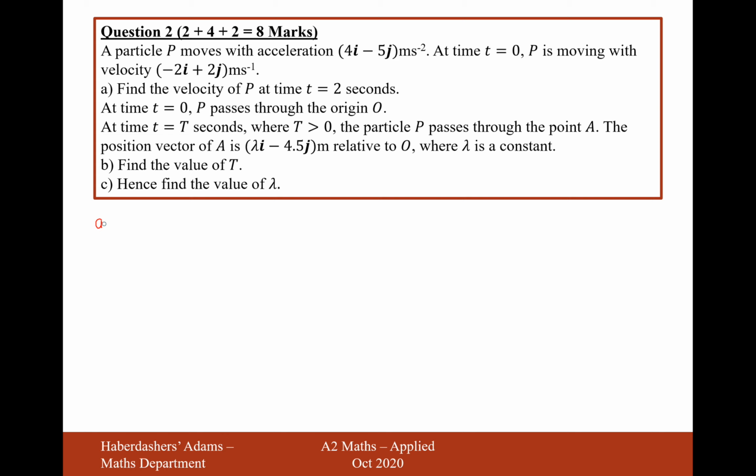So we've got basically a v equals u plus at equation, isn't it? We want to work out the final velocity, we've got the initial velocity, the acceleration and the time, so let's just work it out.